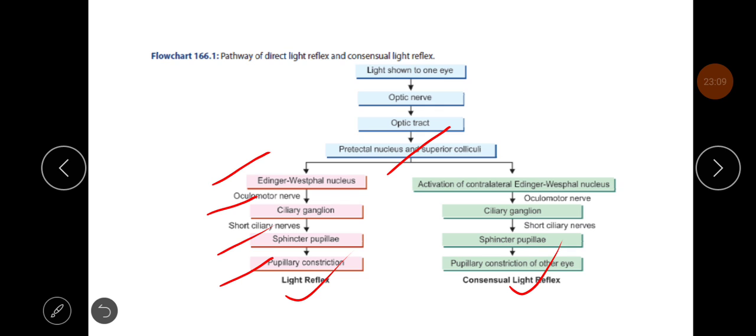Since it has bilateral innervation, it also activates the contralateral Edinger-Westphal nucleus, which causes constriction of the sphincter pupillae, so that causes the consensual light reflex in the contralateral eye.